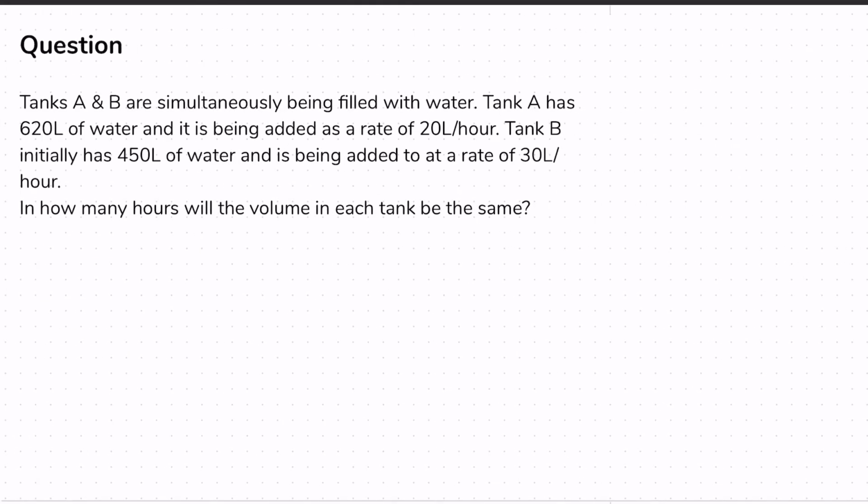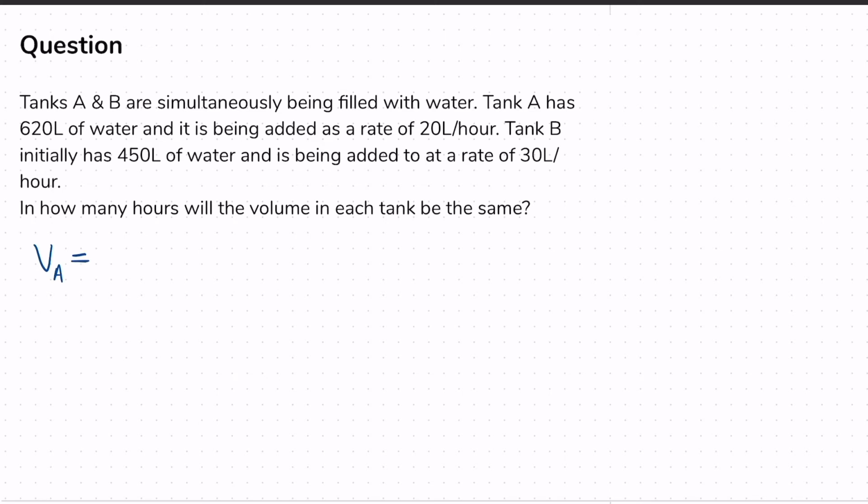In this next question, we're given quite a bit of information, but we're going to try and keep it simple. Alright, so we've got two tanks, A and B. We're looking at the volume in each tank. So the volume of tank A, we have to write our equations first.